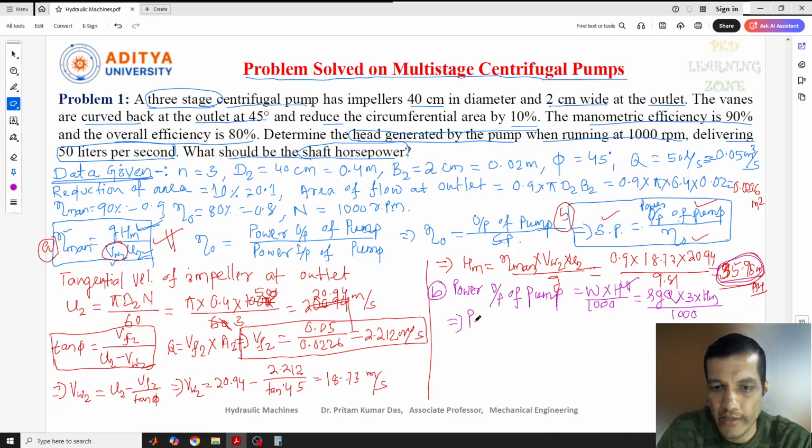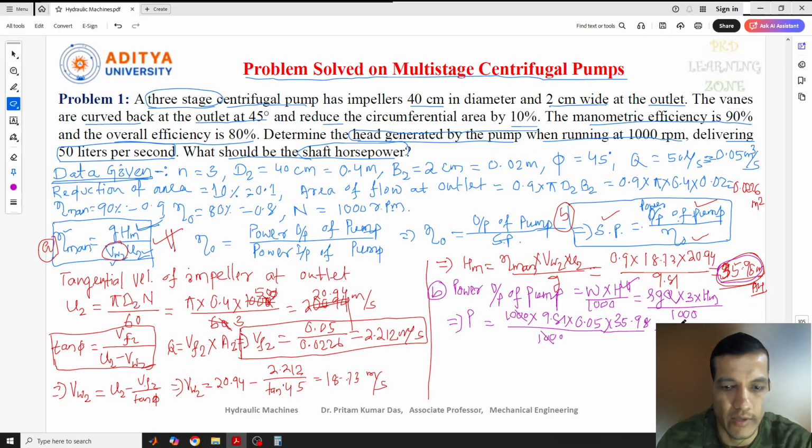So now write P equal to rho, let me write all the values: 1000, and 9.81. The Q value is already given, 0.05, and HM, which we have just calculated, is 35.98, and here again 1000 is there, so that will be cancelled, and you will get the power.